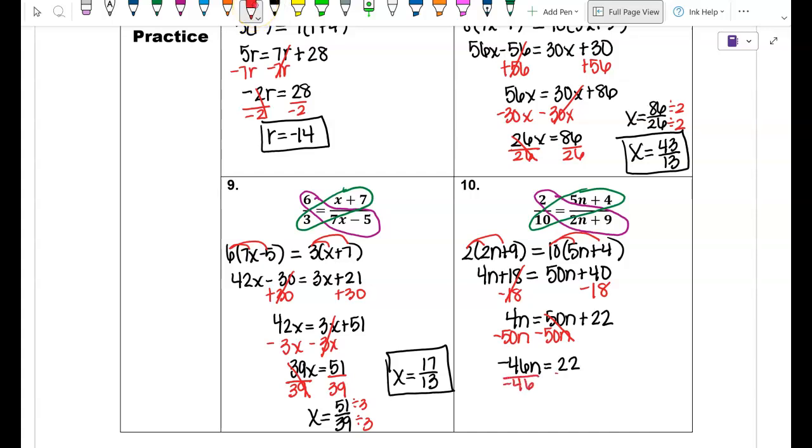We're going to divide by that negative 46. So n equals negative 22 over 46. And again, these are both even, which means I can reduce them by 2. So n equals negative 11 over 23.